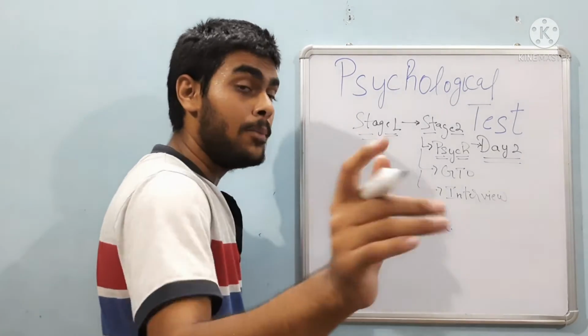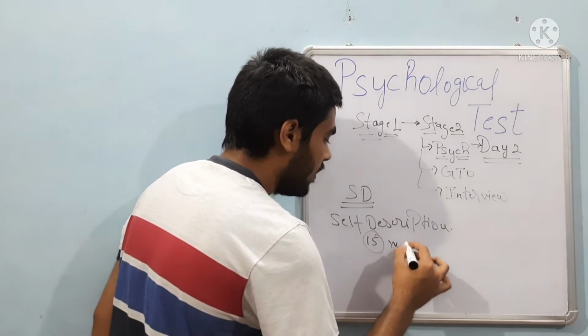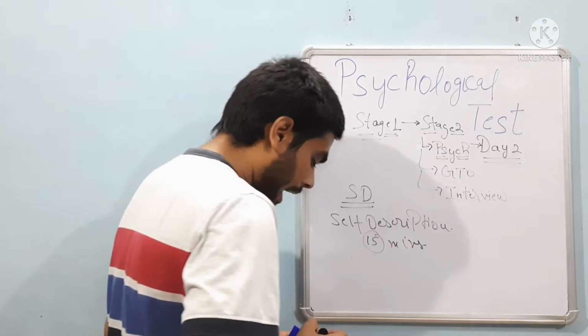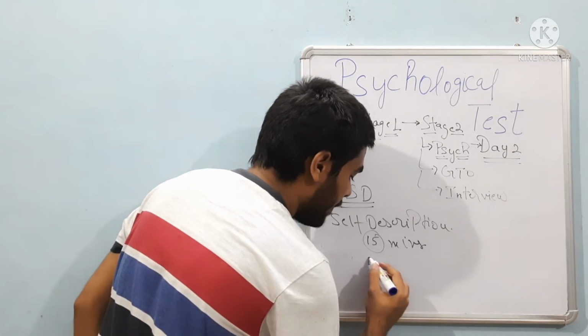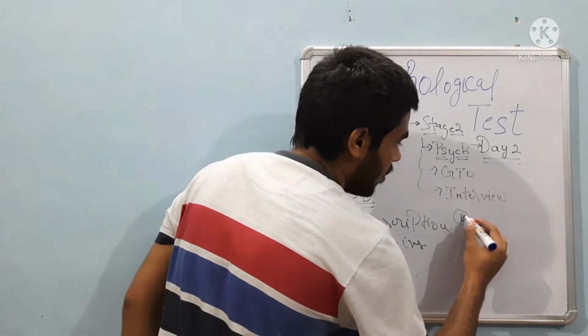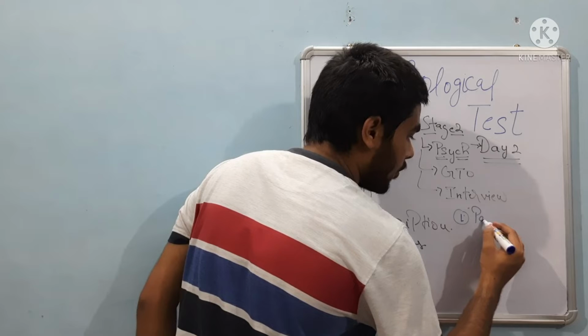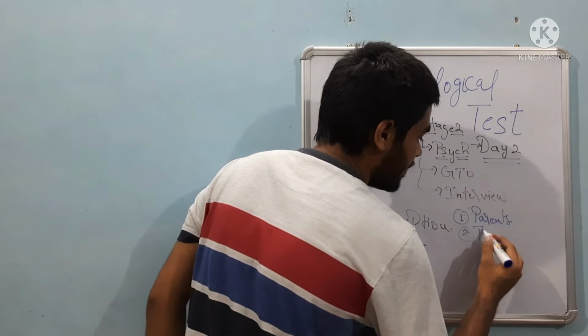Here you have a time limit of 15 minutes, and in these 15 minutes you have to write 5 paragraphs. The first paragraph is what your parents think about you. The second is what your teachers think about you.